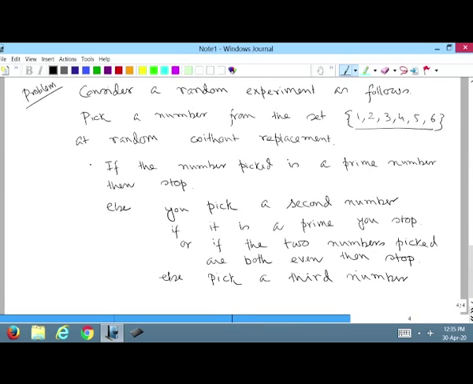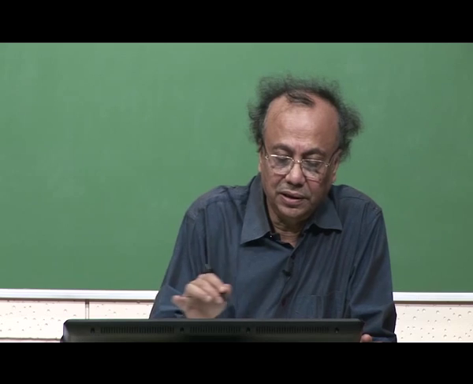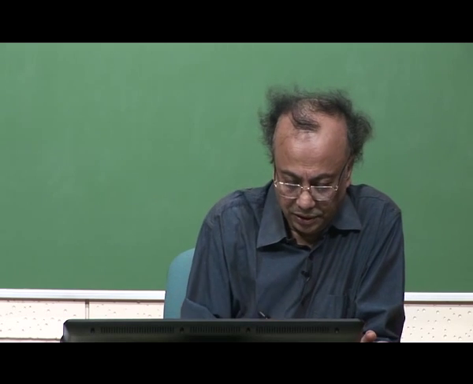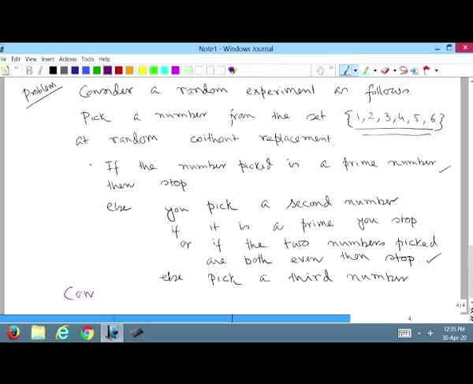That means, now there are only 4 elements in the set, because one has already been picked in the first attempt, one has already been picked in the second attempt. Now, out of the remaining 4 you pick a third number. So, this is the random experiment. The problem is: construct the sample space.